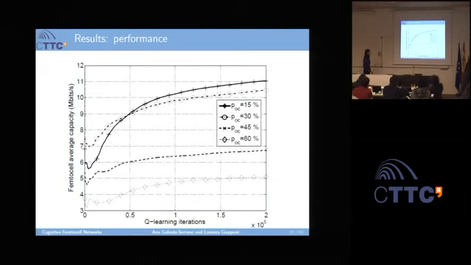Okay, this figure is just to show you how the femtocell capacity behaves when we have different densities of femtocells in the system. As you can see, if we have a low amount of femtocells in the system, they will achieve high capacity levels.